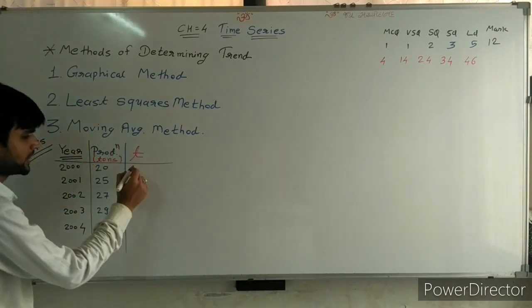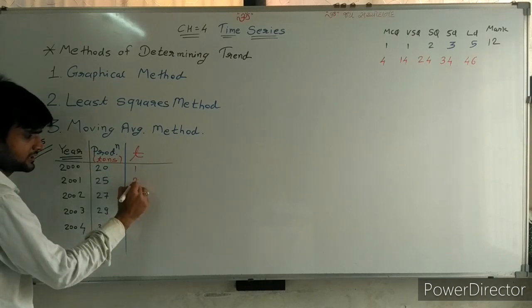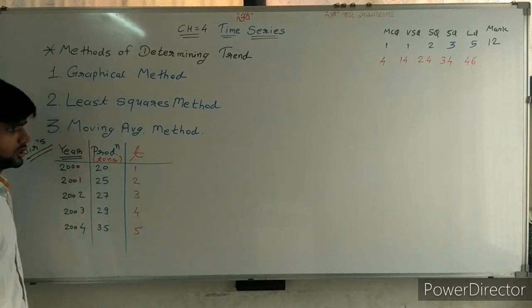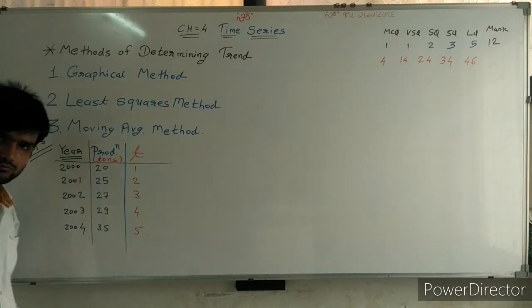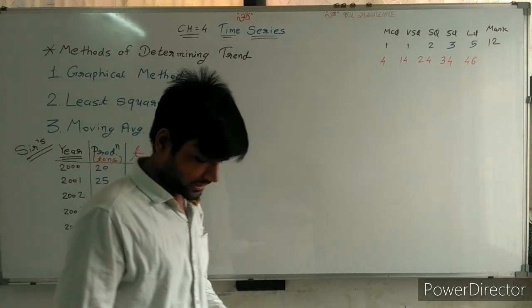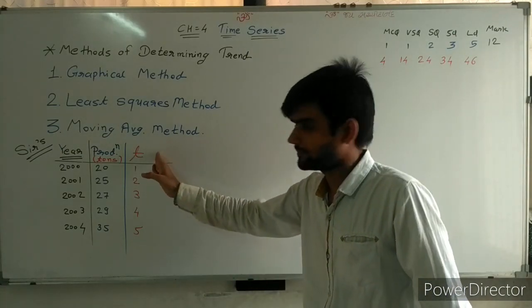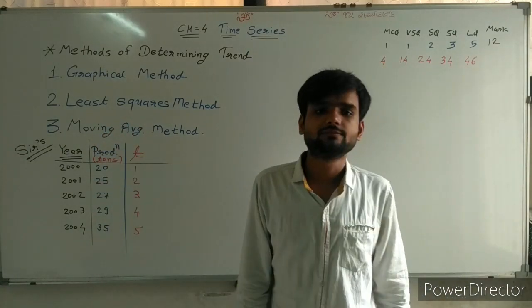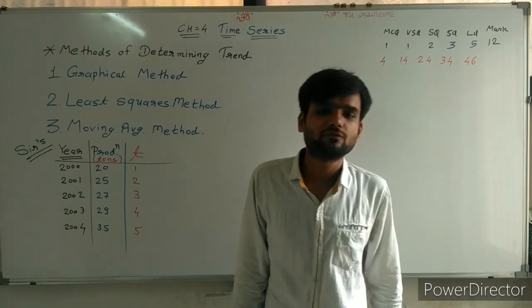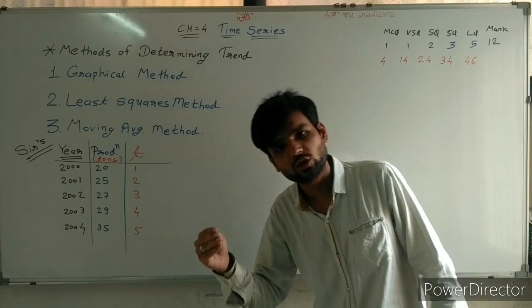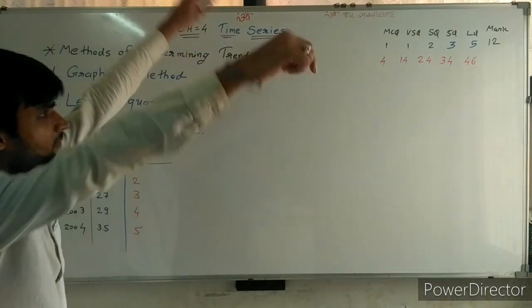So give value 1 for first year, second year, third year, fourth year, fifth year. So time is 1, 2, 3, 4, 5. Now, on the basis of time, production information is given. We are plotting this production information on a particular graph. So preparing one graph here.